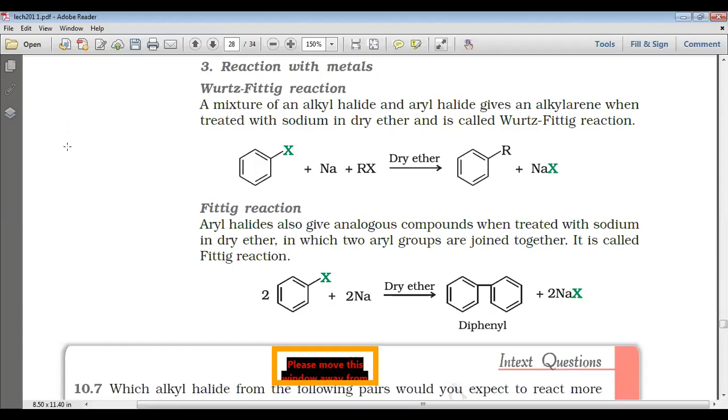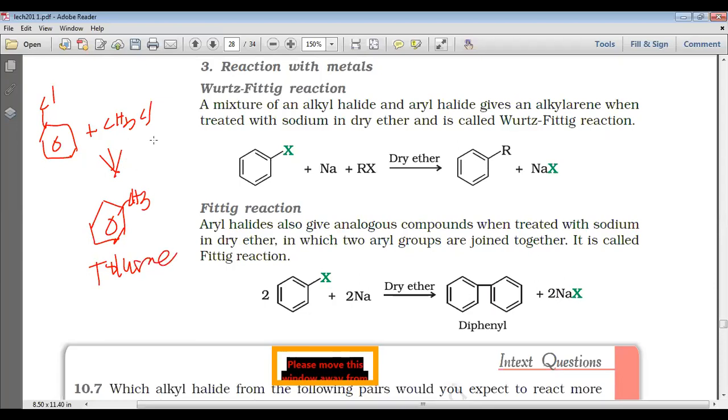So suppose you have chlorobenzene. This chlorobenzene, my dear students, when it reacts with CH3Cl, it will give us toluene as a product in the presence of sodium metal and dry ether.